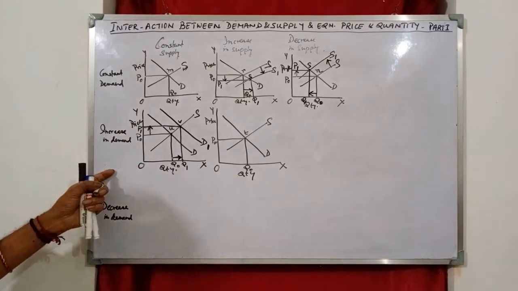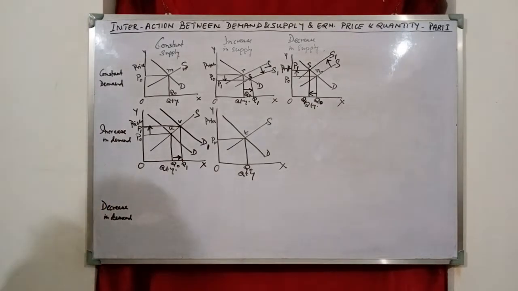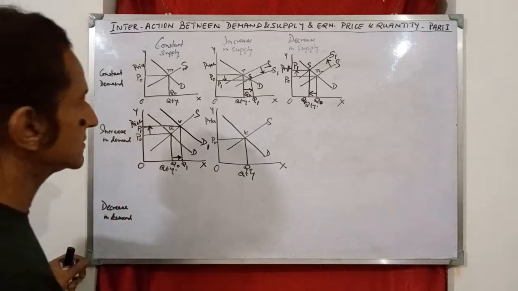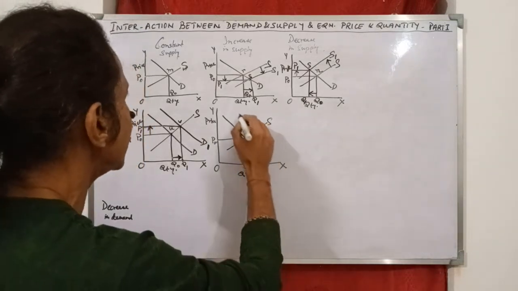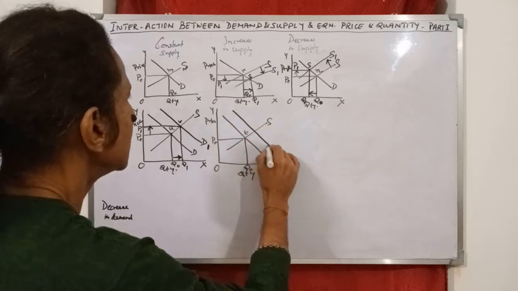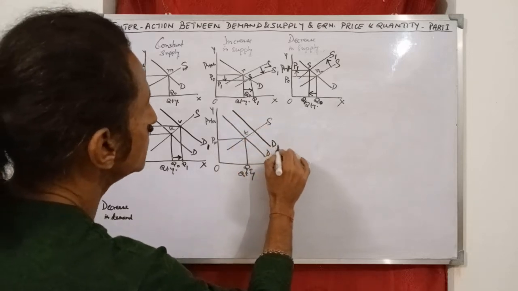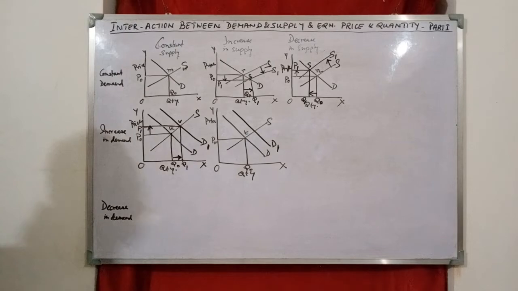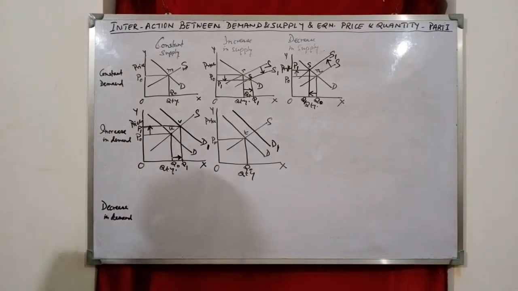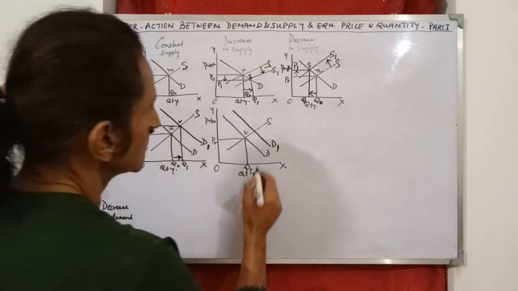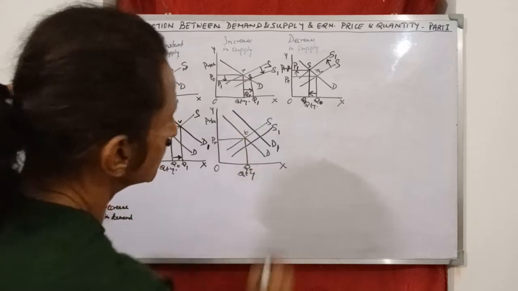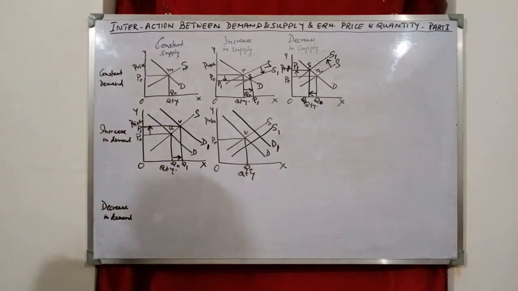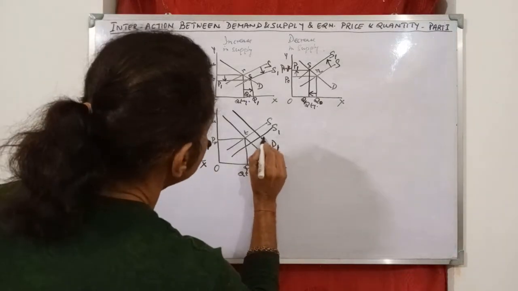Demand is increasing, at the same time supply is increasing. So let's first shift the demand curve rightward as demand is increasing. Let D1 be the new demand curve and supply is also increasing. So let S1 be the new supply curve and they intersect say at point K.